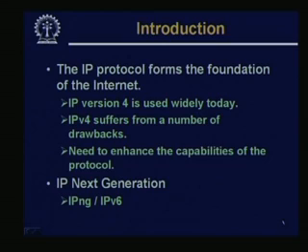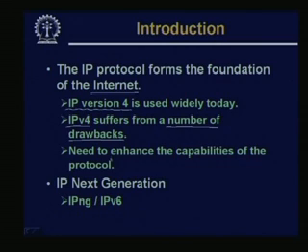I just mentioned that this IP protocol is used so widely in the internet today. The protocol which we mostly use is the classical IP version 4. We shall see shortly that IP version 4 suffers from a number of drawbacks.